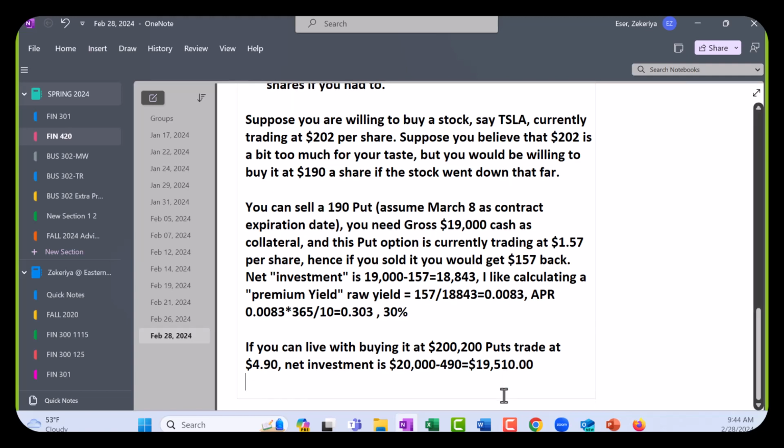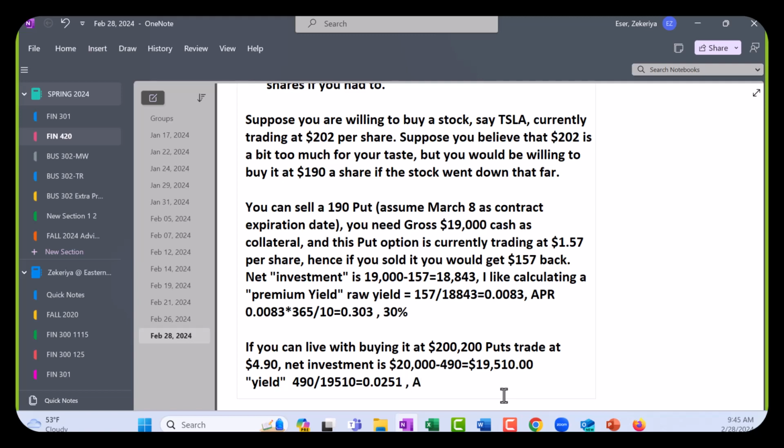So the so-called yield is going to be 490 divided by 19,510. That's raw yield. And that means if the option finishes out of the money, you would have earned 2.5% on your investment.